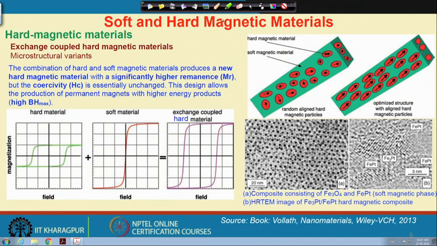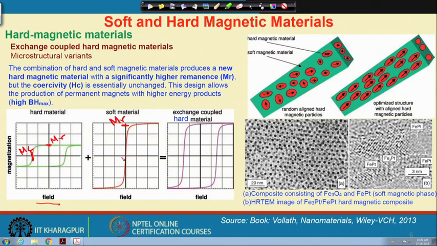The example here I have schematically shown: in one case I have a hard magnetic material with a low value of remanence, whereas I have a very high value of coercivity. Now, in a softer material I have a very high value of remanence M_r or B_r, and here the coercivity M_c is very low.